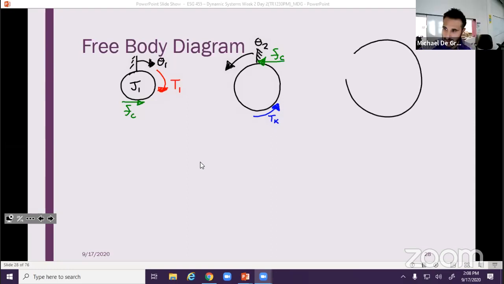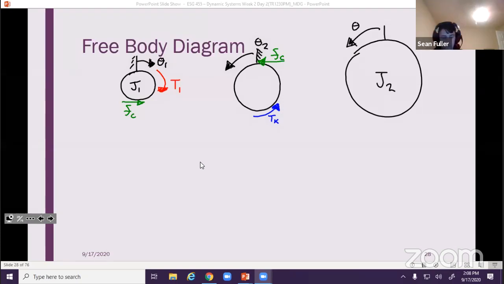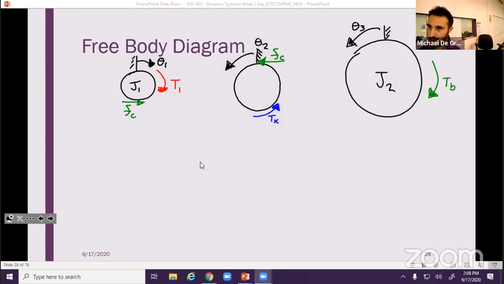Then I'm going to draw my final J2, and J2 is also moving in the same direction. Here it's theta 3. I have some damping, and the damping is going to be in the opposite direction as my motion.